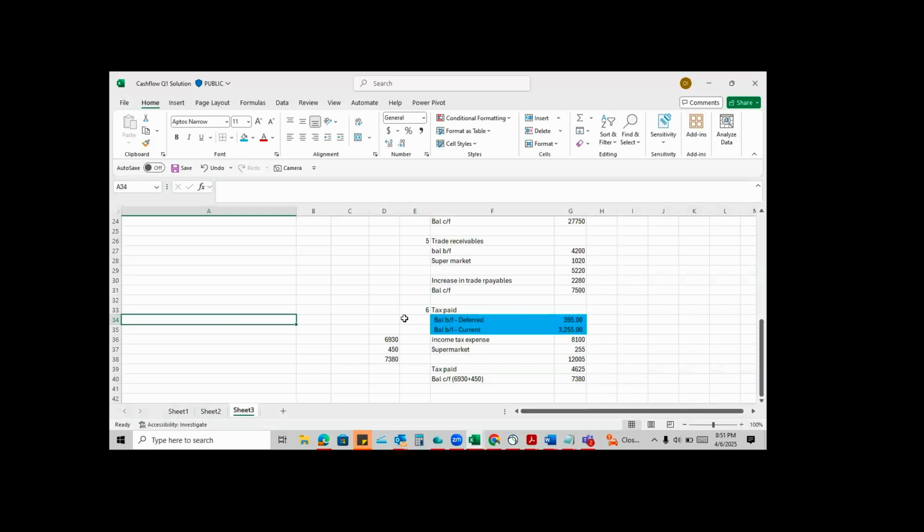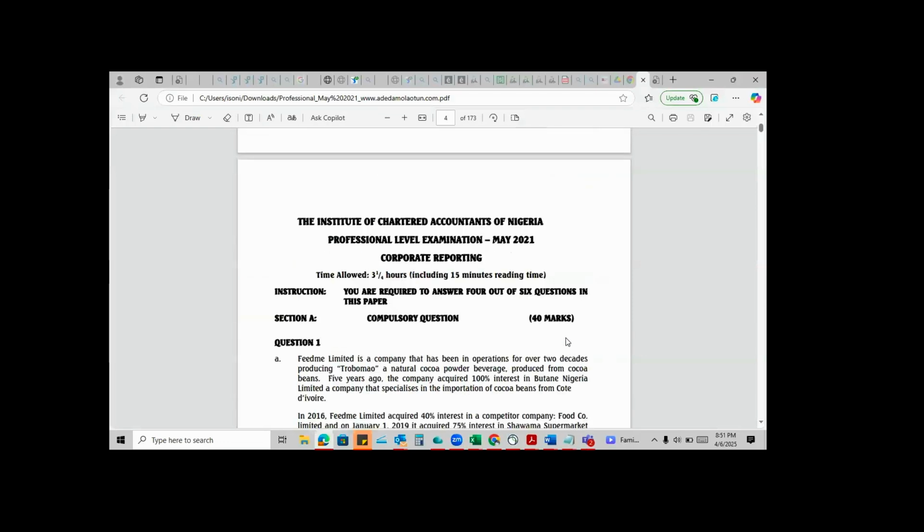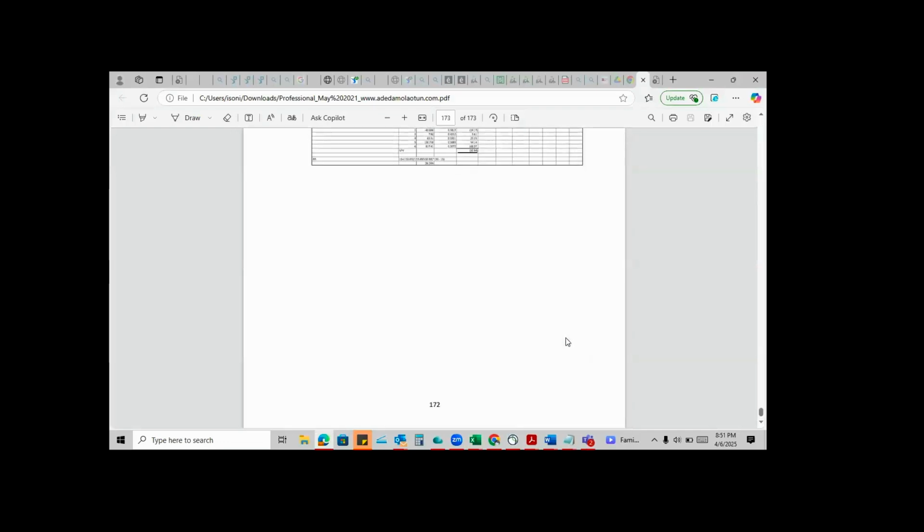We'll be dealing with IAS 12 in our next class. So this thing here is made up of those two things, right? Now, when you go and check your income statement, you will see that breakdown. They were careful enough to give us that breakdown. I mean, how did I get here?